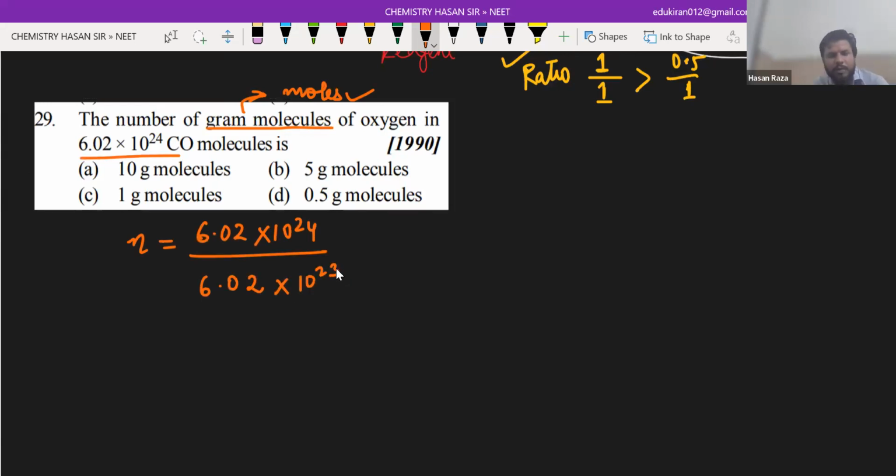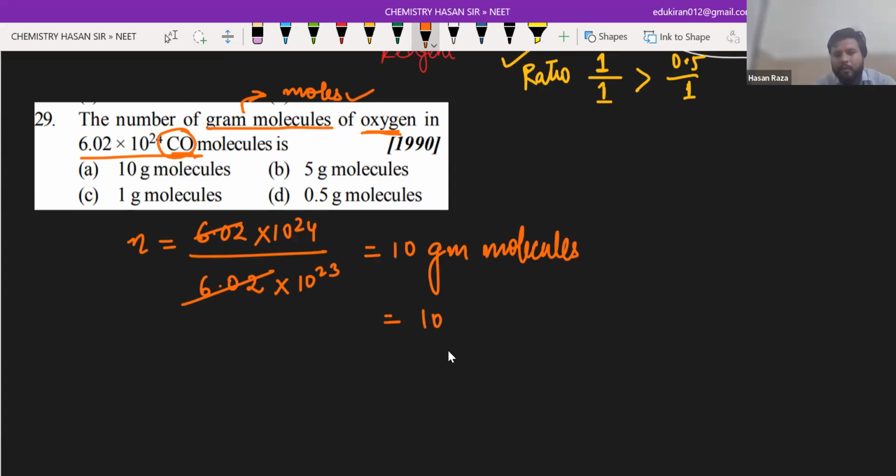What you need to do, this will be cancelled and you will get 10-gram molecule. But we need to do it for oxygen only. There are two atoms in CO and we need to do it for only oxygen. So it will be 10 by 2, that is equal to 5-gram molecules.